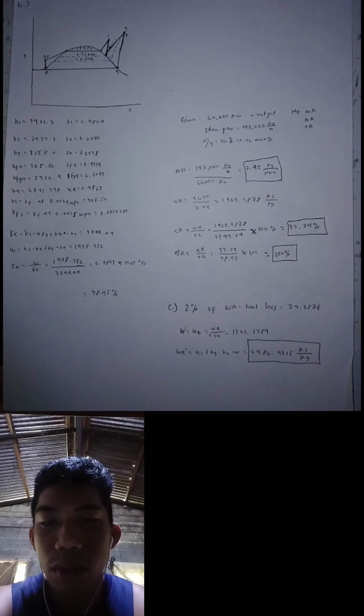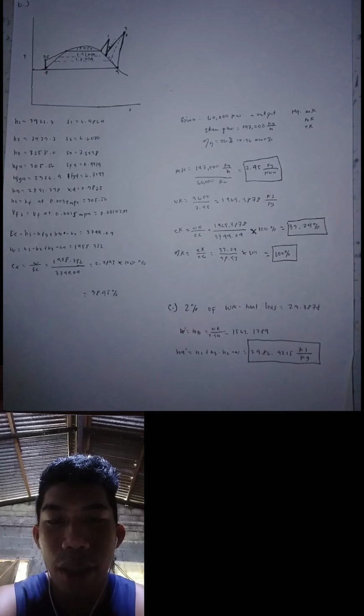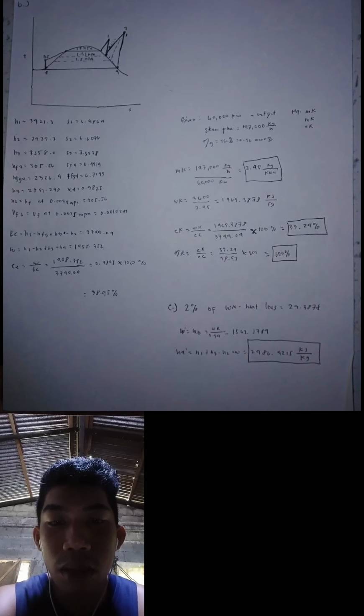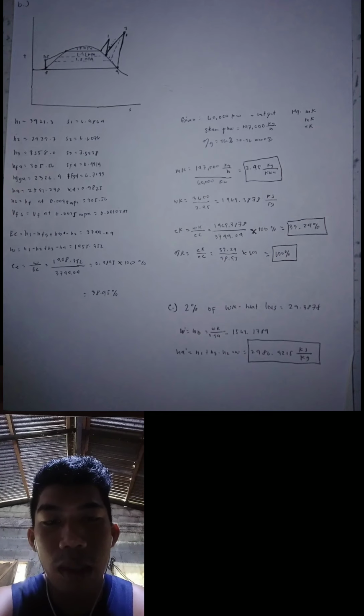State 4, H4 is equals to H at 0.0035 MPa will give us 2,591.48 kilojoules per kilogram. And for state 5, H5 is equals to HF at 0.0035 MPa is equals to 305.56 kilojoules per kilogram.